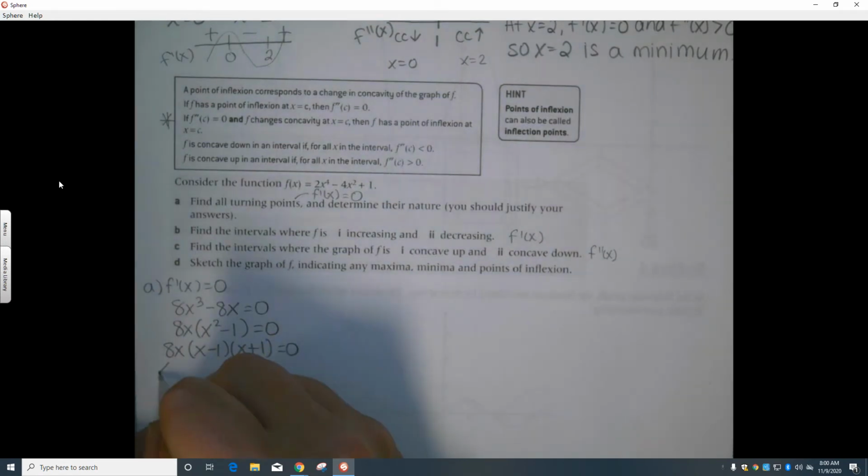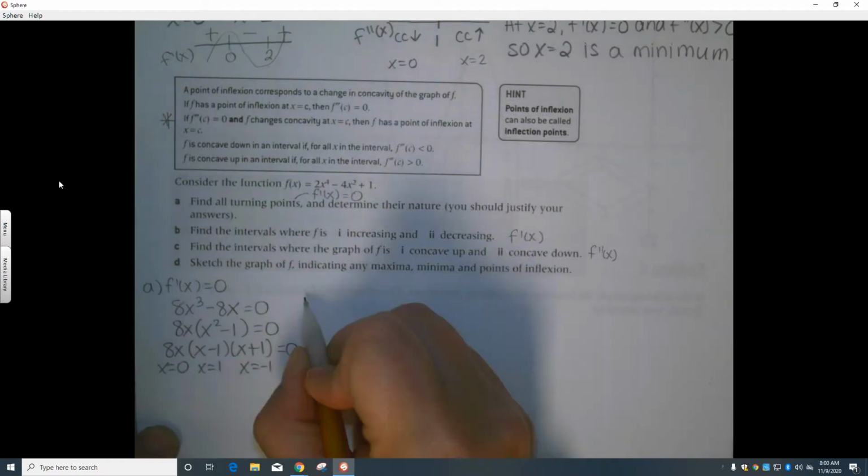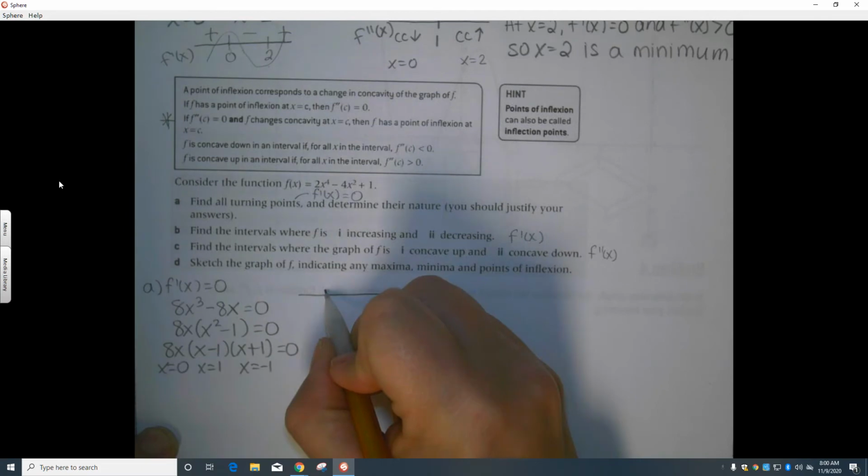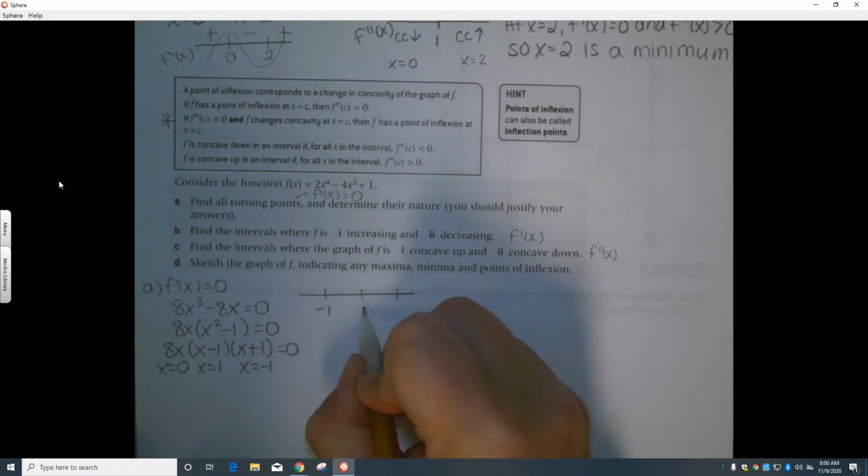So we get x equals 0, x equals 1, and x equals negative 1. I'm going to do my sign chart. Remember to put these in order like it's on a number line. So I'm going to do negative 1, 0, and 1. And I'm going to label my sign chart. I found these with the first derivative.